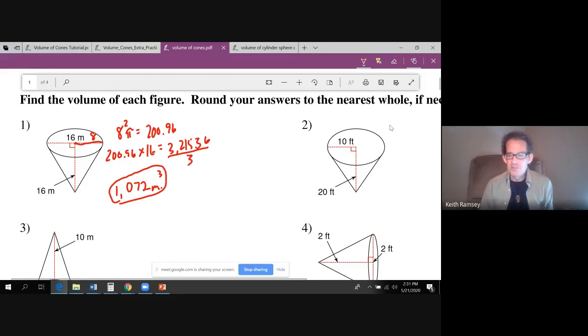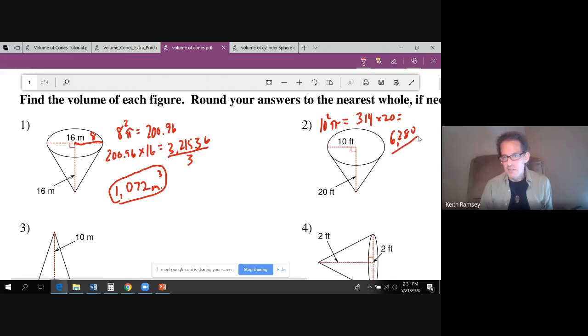Let's look at number 2. So my radius is 10. So 10 squared is 100 times pi. So pi is 3.14. I'm just going to move that decimal 2 spaces, and that's going to equal 314. I'm going to multiply that by the height of 20. So 314 times 20 is going to equal 6,280.